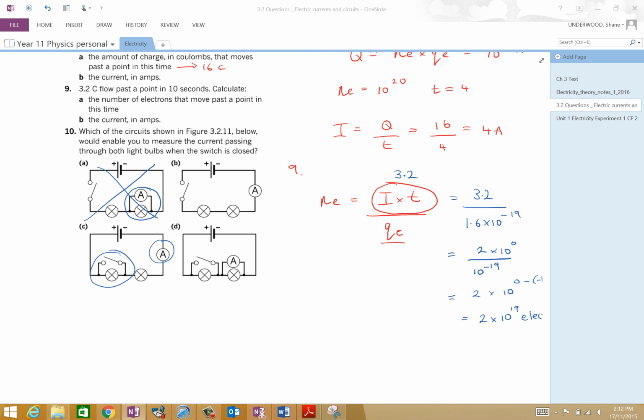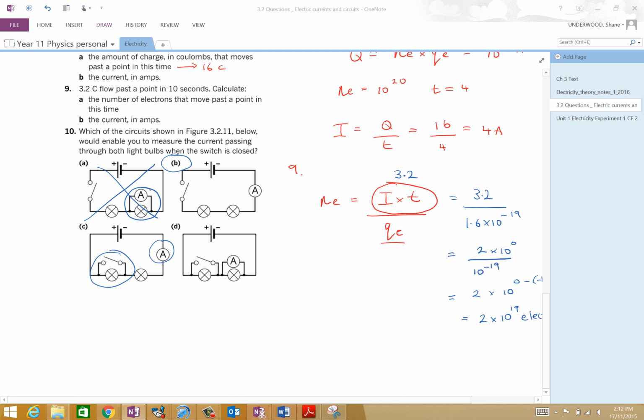So which one is it? B. Why wouldn't it say? Because is the switch? Well, because if the switch is closed, then that light bulb isn't part of the loop, is it?